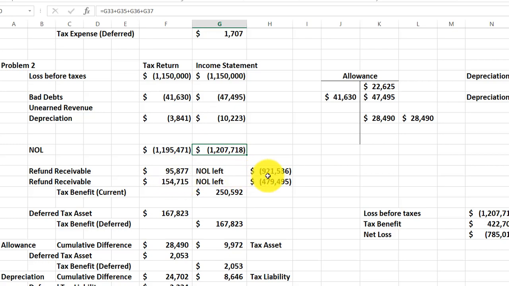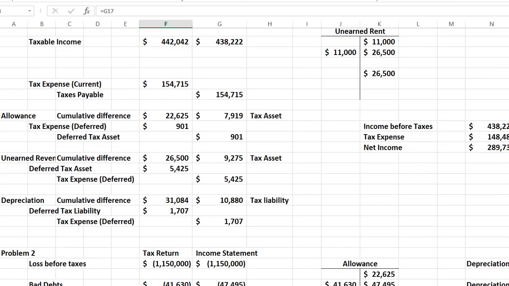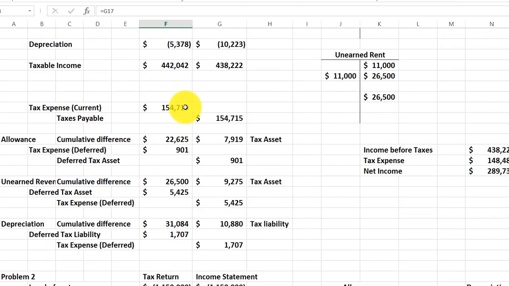Refund receivable is the amount of this NOL carried back to 2 years ago to get back all the taxes we paid in 2017. No, 2 years before in exercise 2, and then all of the taxes we paid last year, 154, which you see right up there, and we're only worried about the taxes that were payable, actual current taxes.